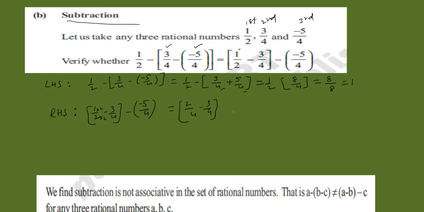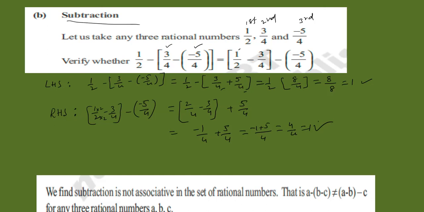First instance, minus into minus, that is 5 by 4. Now 2 by 4 minus 3 by 4 is minus 1 by 4, plus 5 by 4. The denominator is the same, so minus 1 plus 5 is 4, 4 by 4, that is also 1. What do you say here in both the cases?